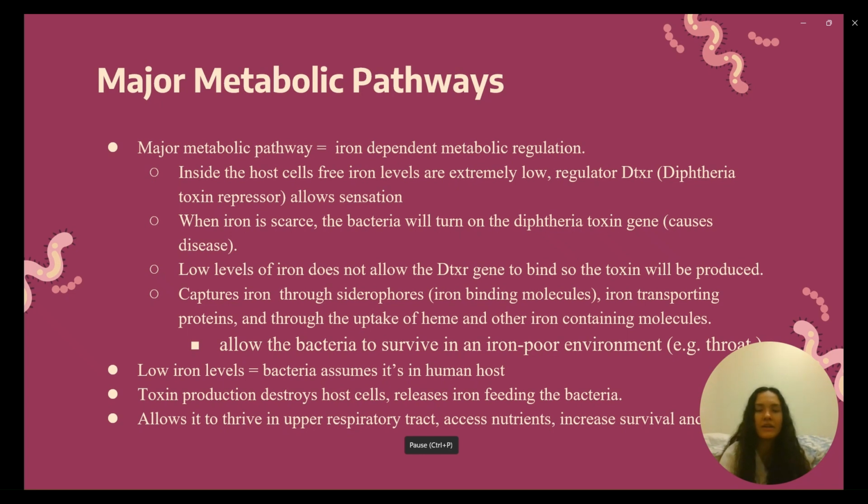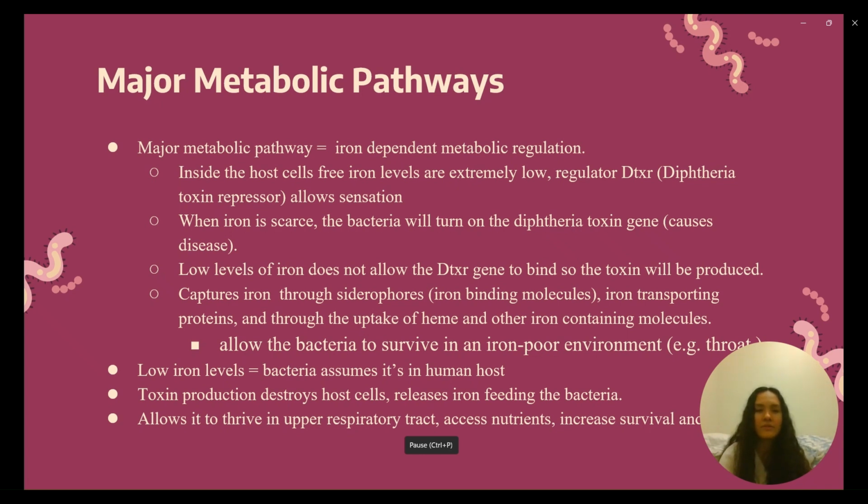Low levels of iron do not allow the DTXR to bind, so the toxin will be produced. The way in which Corynebacterium diphtheriae is able to capture iron is through siderophores, iron-transporting proteins, and through the uptake of heme and other iron-containing molecules. These allow the bacteria to survive in an iron-poor environment such as the throat.